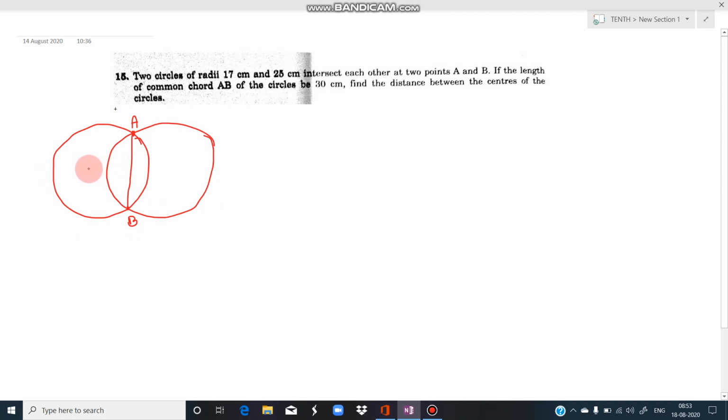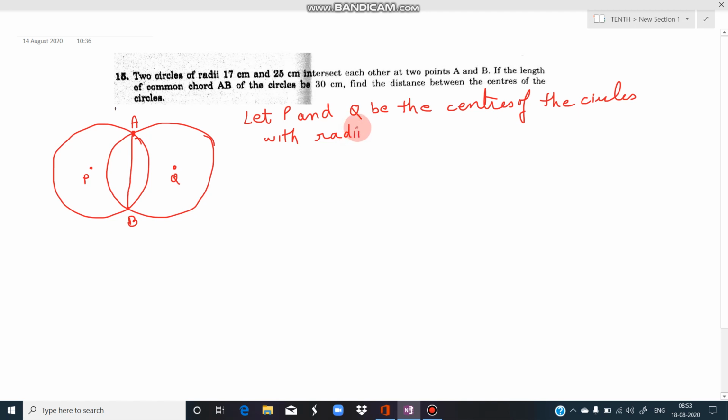So let us suppose that P is the center of this circle and Q is the center of the other circle. Let P and Q be the centers of the circles with radii 17 centimeter and 25 centimeter respectively.